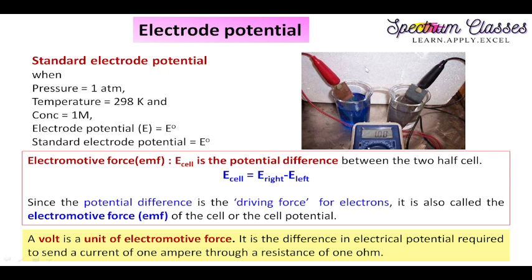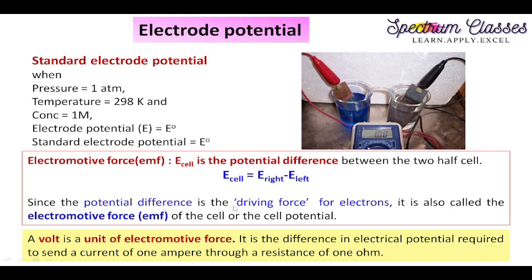E cell is equal to E right minus E left. E right minus E left is generally used in numericals because there is a convention using right and left. But in this case, it is the reduction potential of the cathode minus the reduction potential of the anode.